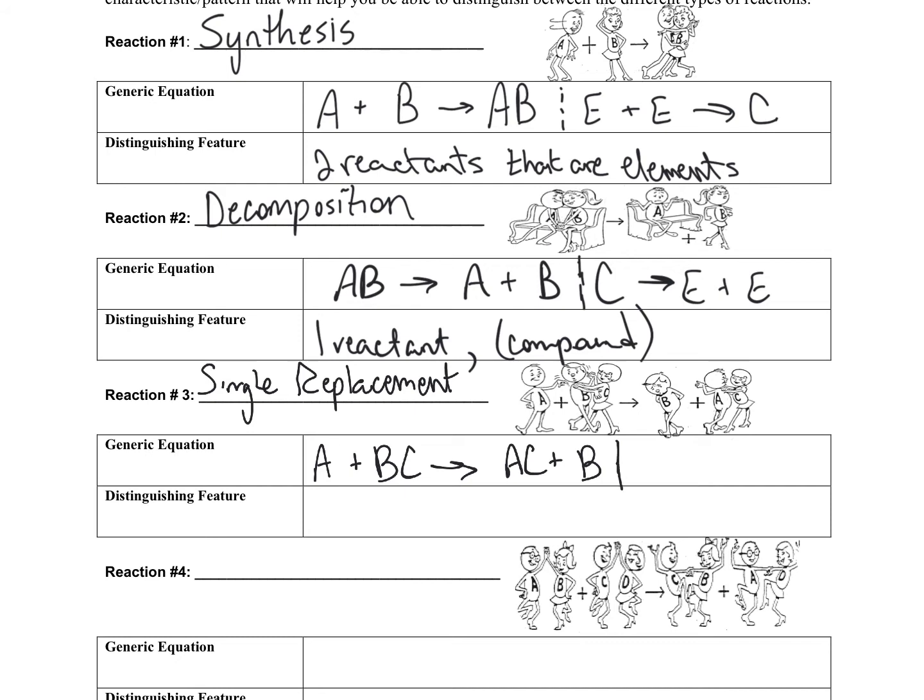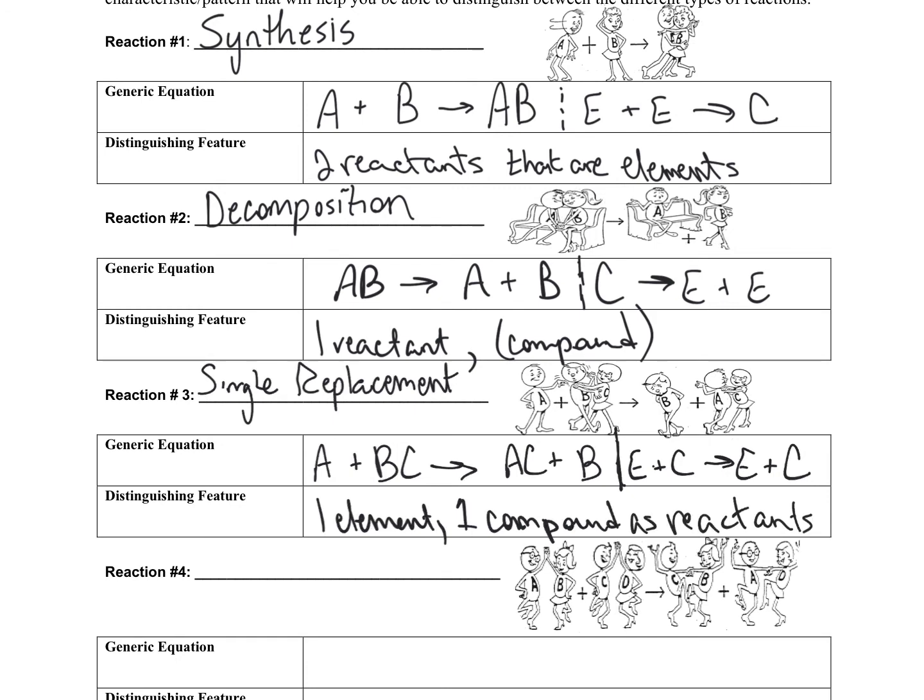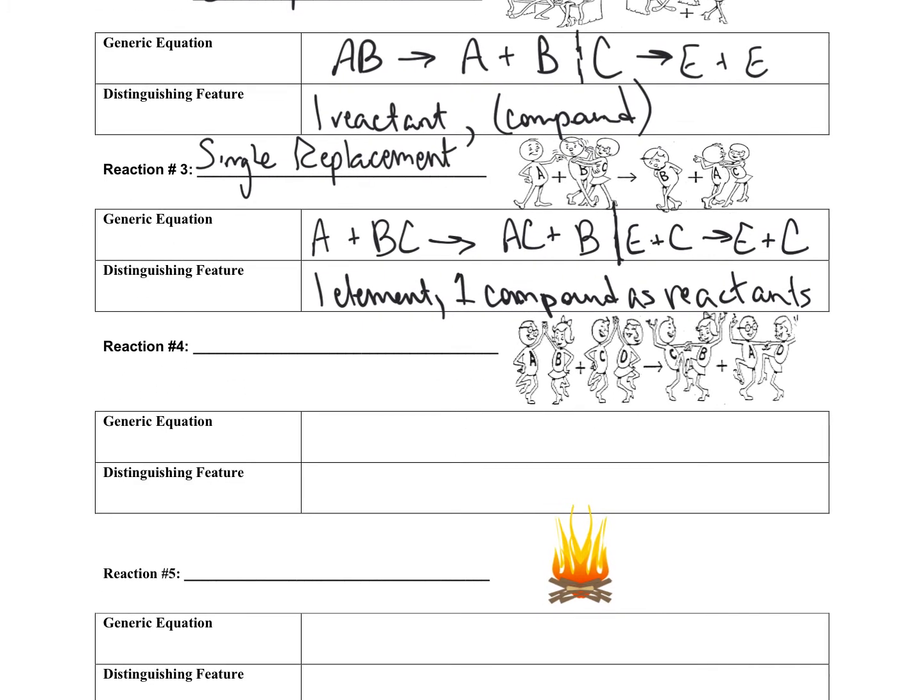In general, if you want to think about this in terms of elements and compounds, I have an element plus a compound yields an element plus a compound. Distinguishing feature here, when you look at your reactants, you will have 1 element and 1 compound to start. That's how you recognize a single replacement reaction.